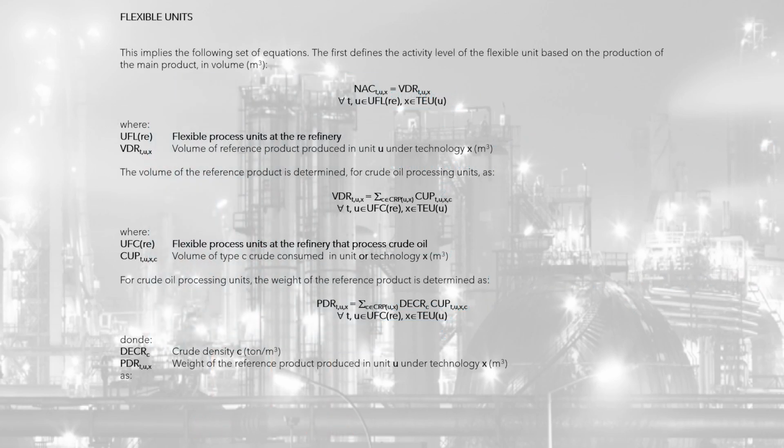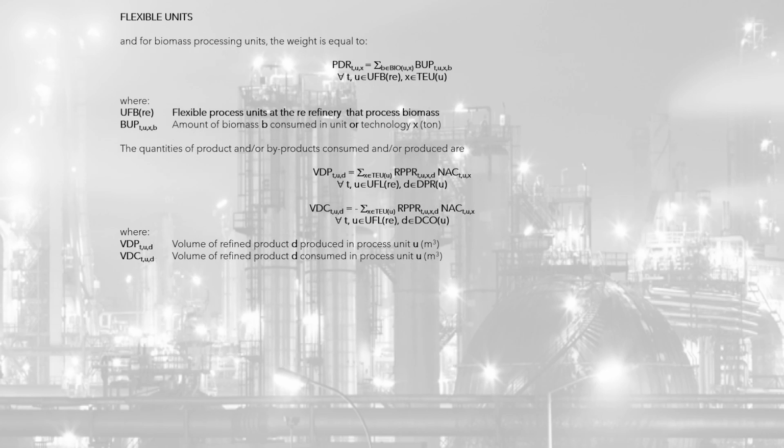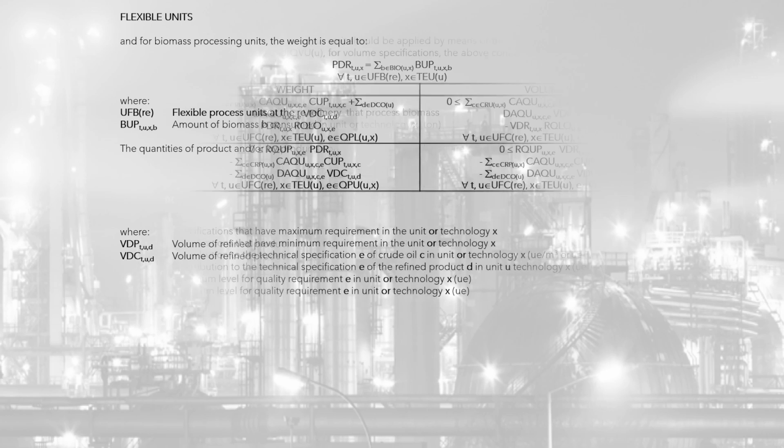Flexible units. This implies the following set of equations. The first defines the activity level of the flexible unit based on the production of the main product. Based on this, it is possible to formulate two equations, one for volume, and another for weight. A similar equation can be formulated for biomass process units.